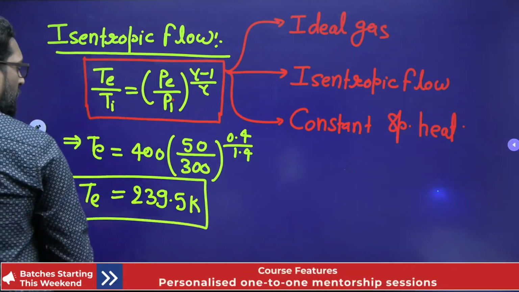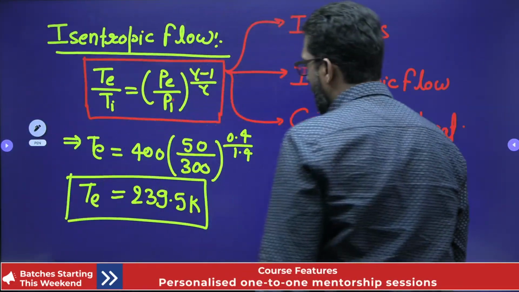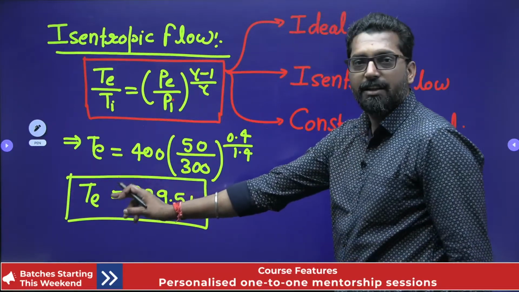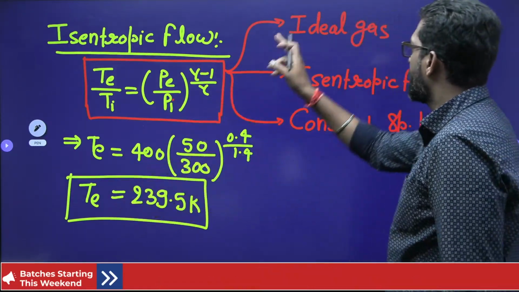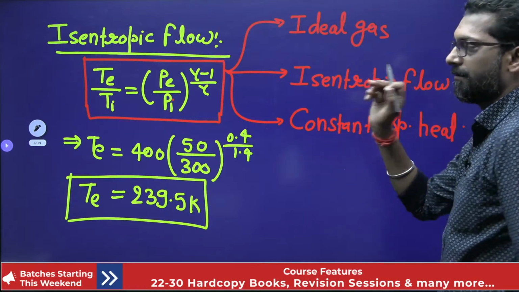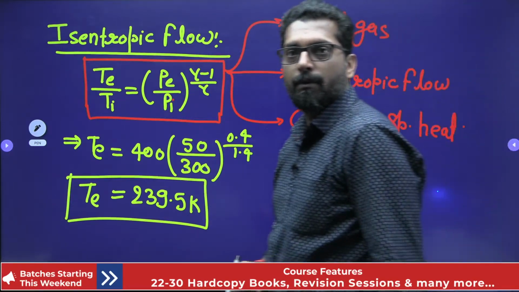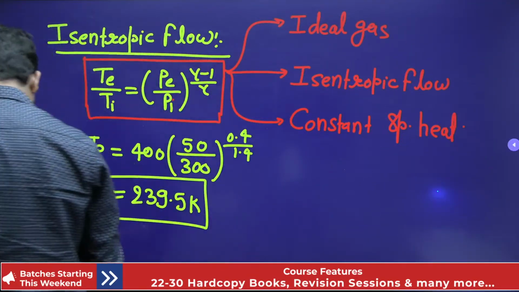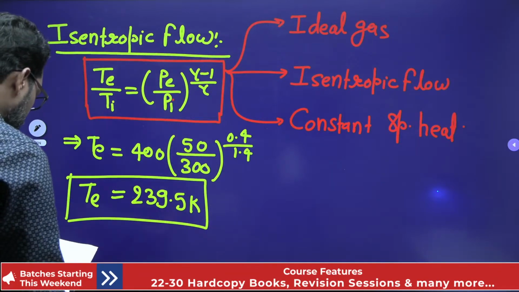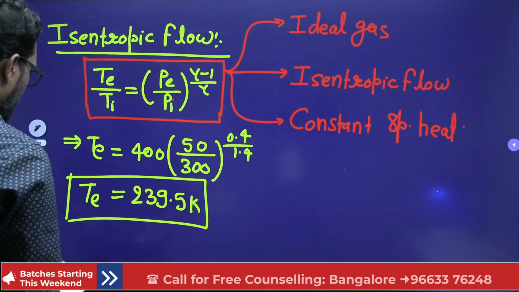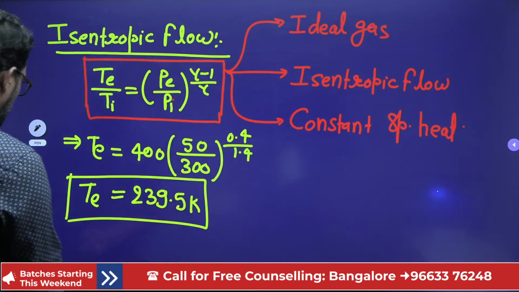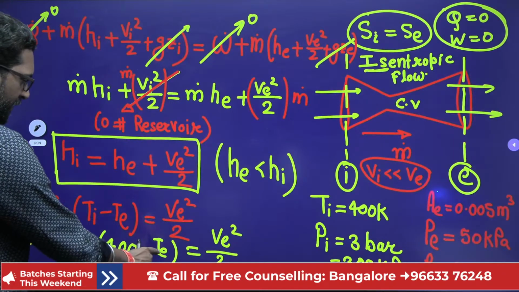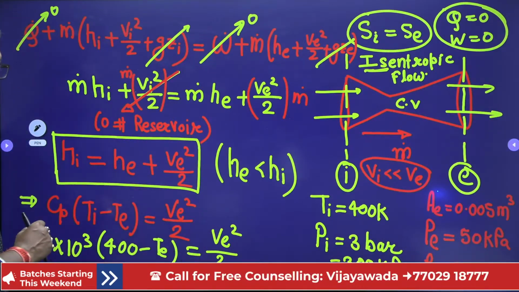We can find this because these three assumptions are valid. Otherwise, we cannot solve this equation. Now, if we put this exit temperature value, we can easily find the exit velocity.